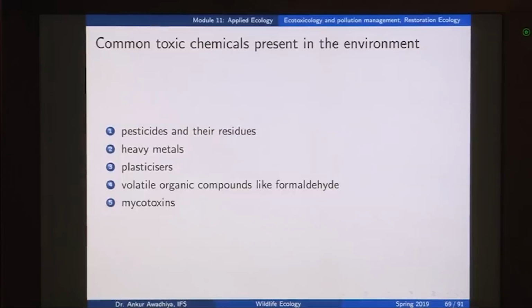Then we look at the impact of the heavy metals that are released, especially in mining operations, or the impacts of plasticizers. Plasticizers, as we have seen earlier, are those chemicals that are added to different plastics to make them more elastic, or supple enough so that they can resist some amounts of disturbances.